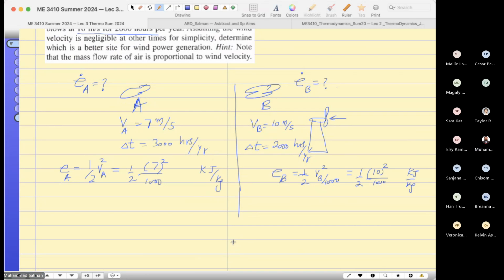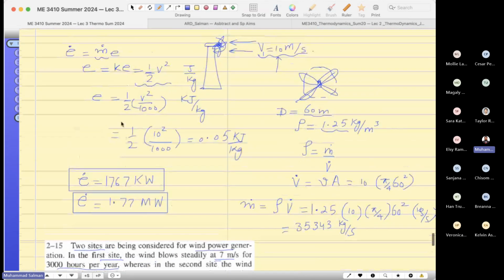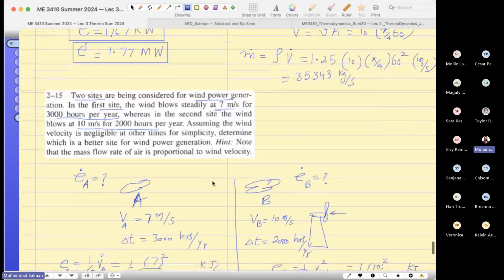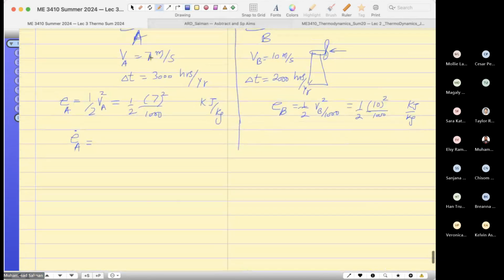Now the next thing is you have to find out the potential of the power. You remember the previous question? This is the formula for finding the power generation potential, so I have to multiply by the formula.